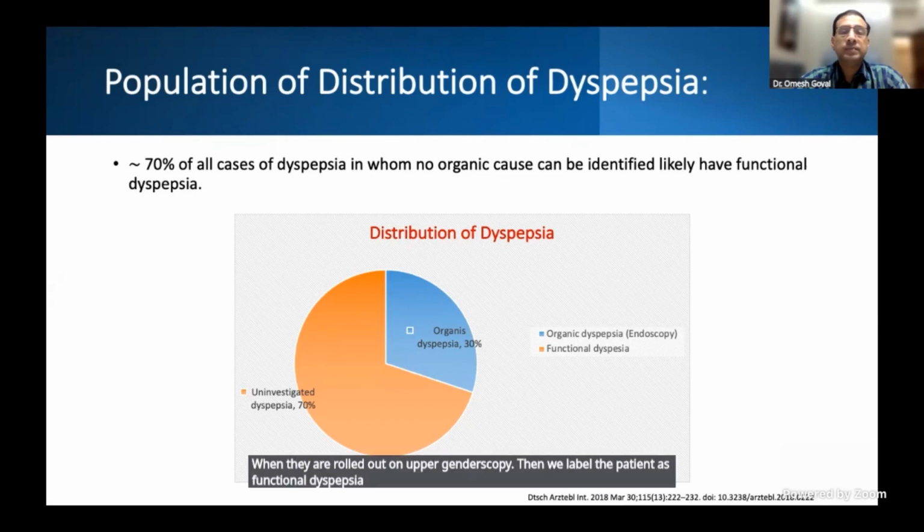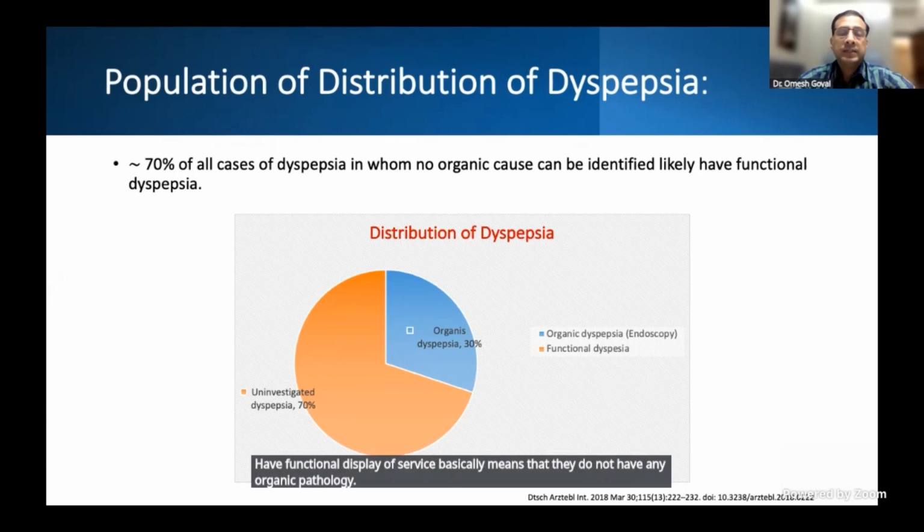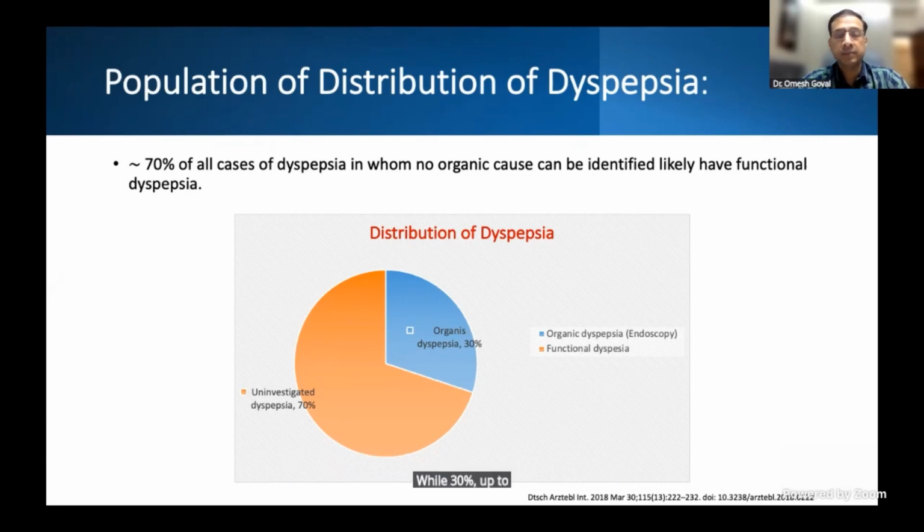Up to 70% of patients presenting to OPD in various studies have functional dyspepsia, which basically means that they do not have any organic pathology, while up to 30% of patients may have organic pathology ranging from all those which I mentioned. Besides this, other causes of dyspepsia are ruled out on proper history taking and some basic lab tests. A CKD patient might have dyspepsia due to uremia.